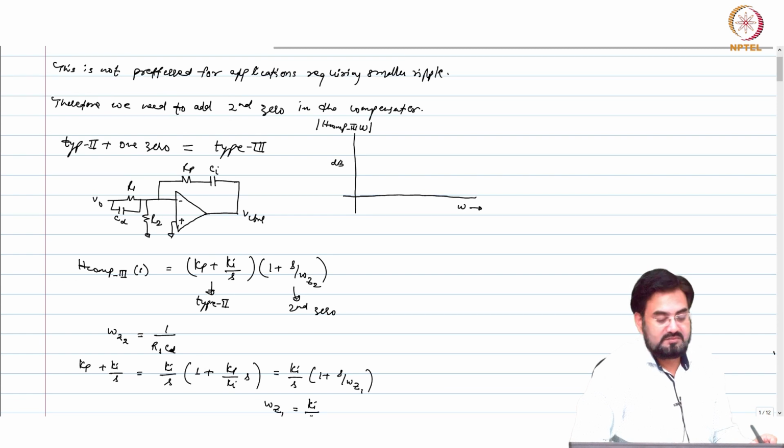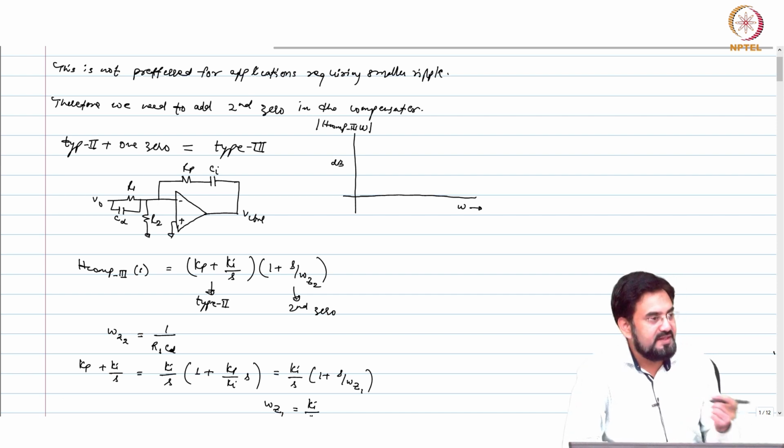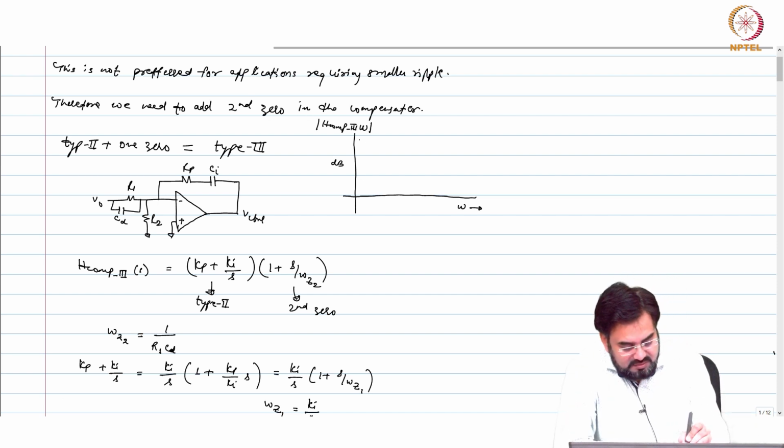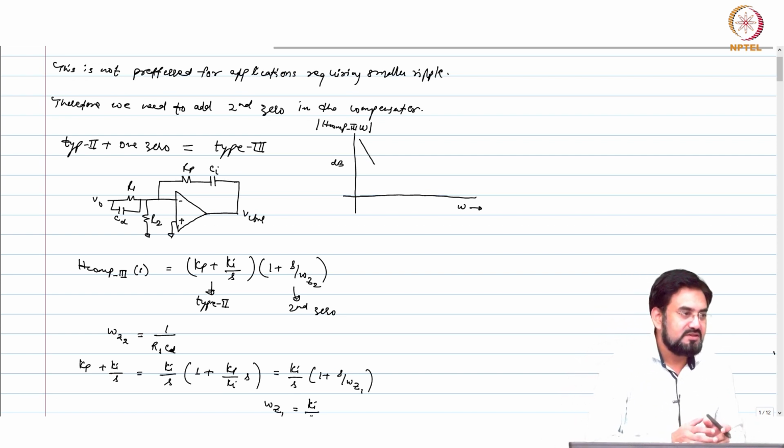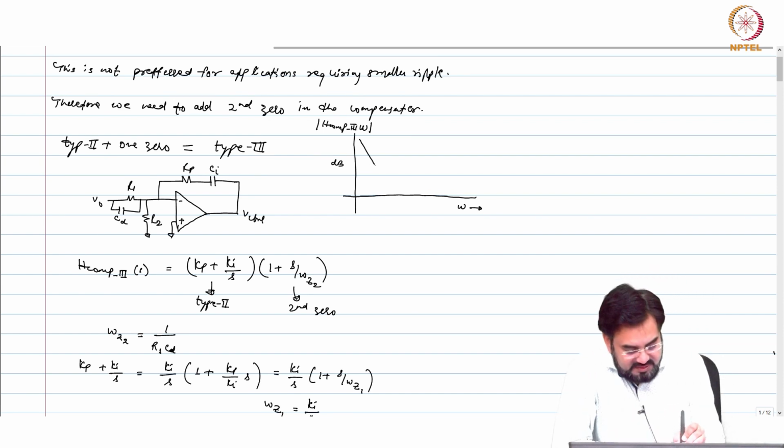So, what is the first thing you have here? So you have an integrator, okay. So the first portion of this will look like a type 2. So in the type 2 you are adding one more 0. So the first 0 appears here. Then you have the second 0.